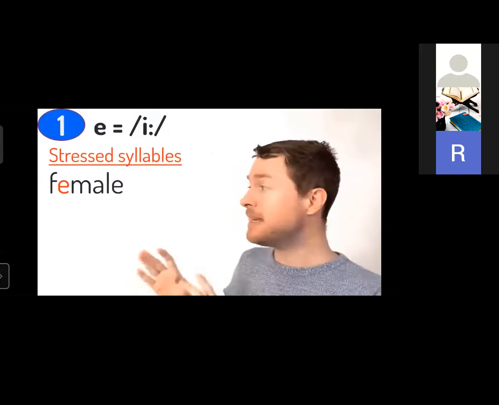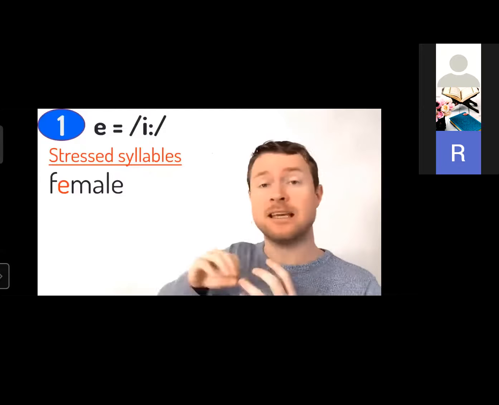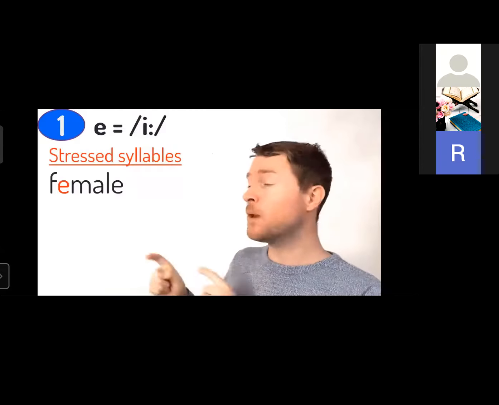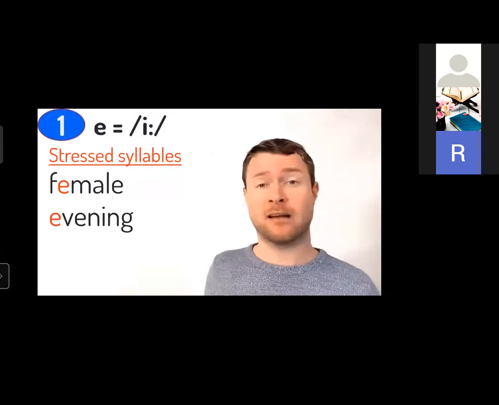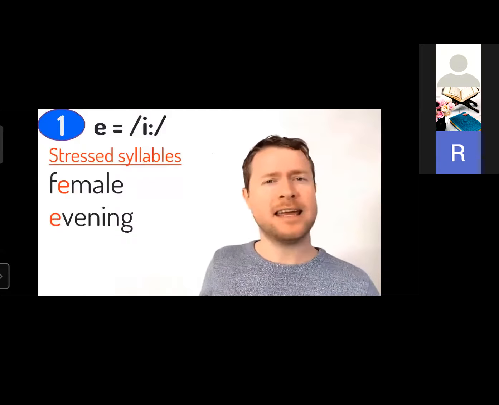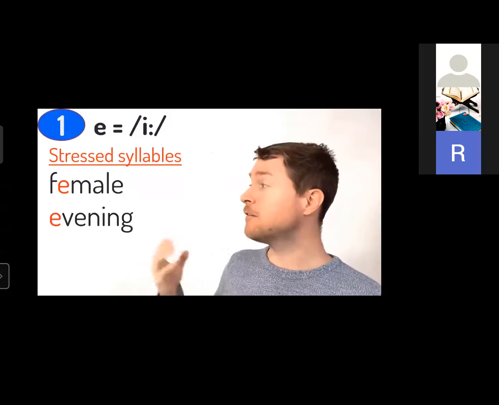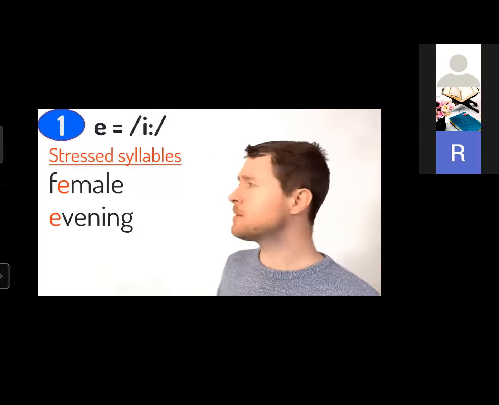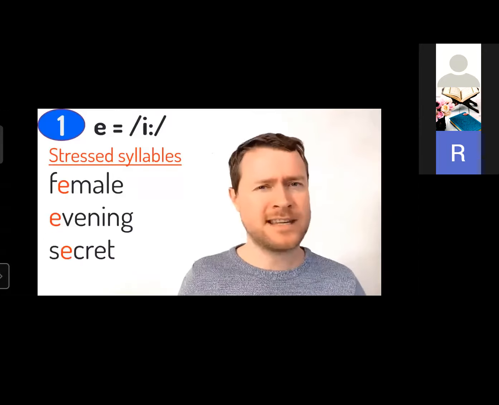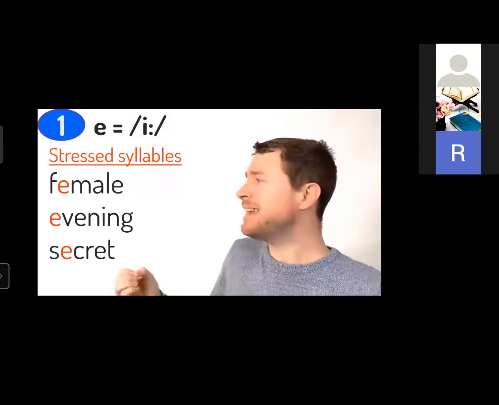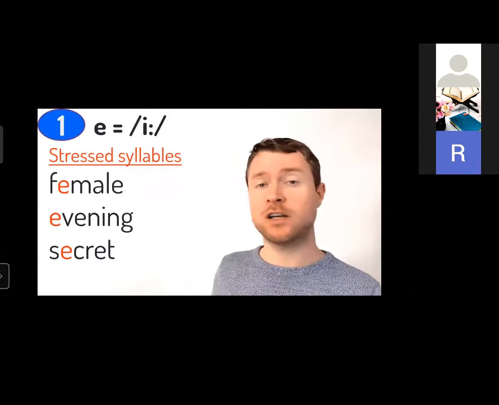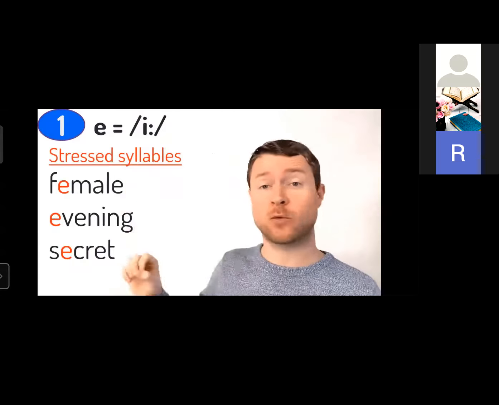So often in many words in English, when the E is the stressed part, we pronounce it E. Take a look at evening, and female, and even secret. Okay, female, secret, evening. In those words, one syllable is stressed.